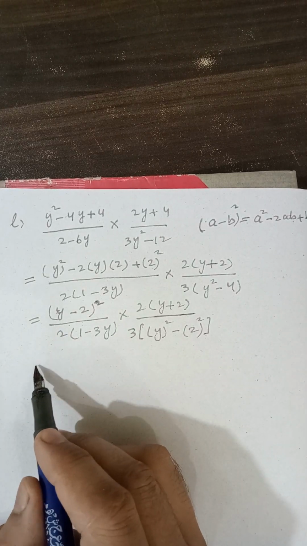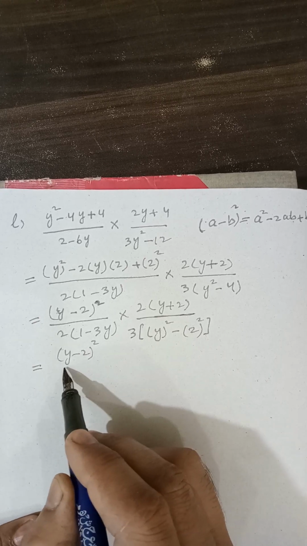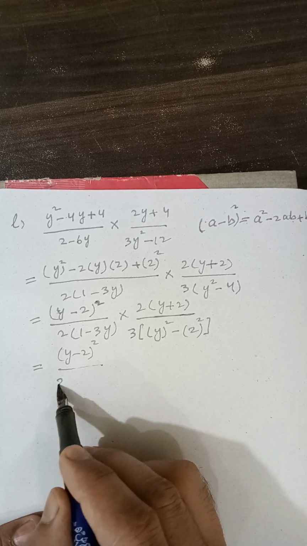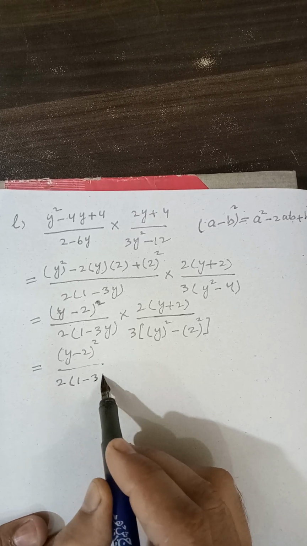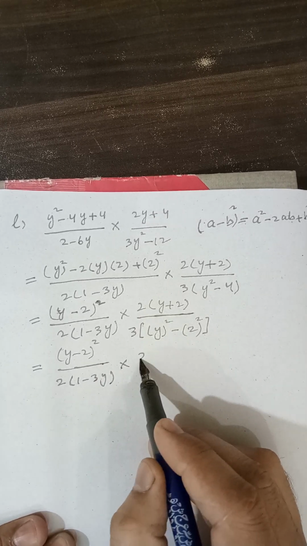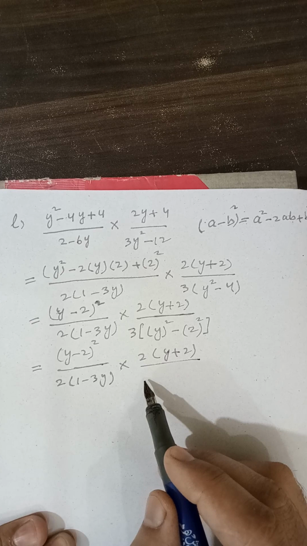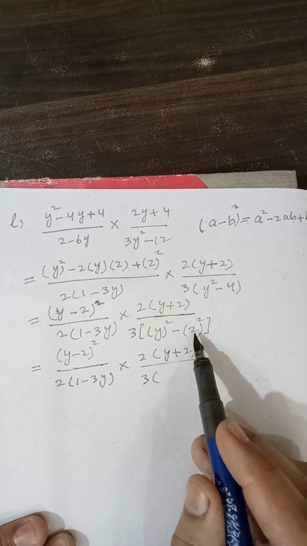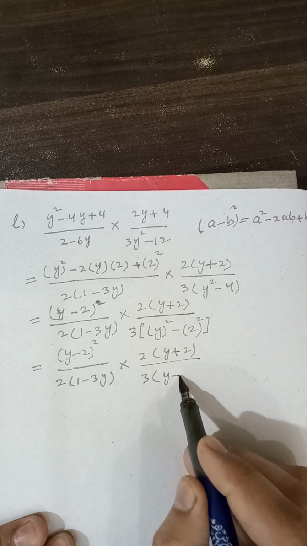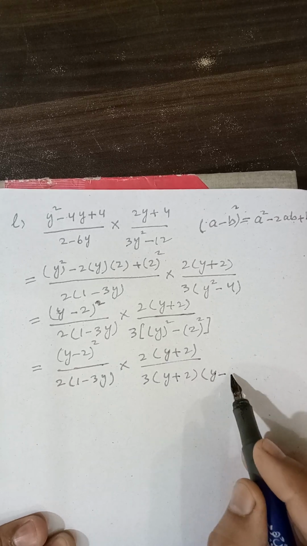Now write as such, y minus 2 whole square over 2 into 1 minus 3y, multiplied by 2 into y plus 2, and here a square minus b square, write it as a plus b, a minus b.